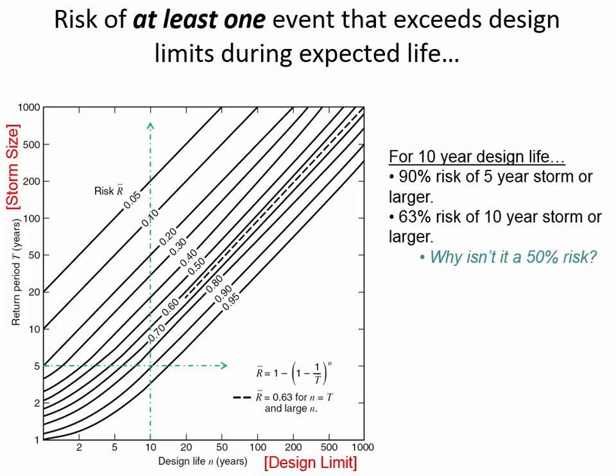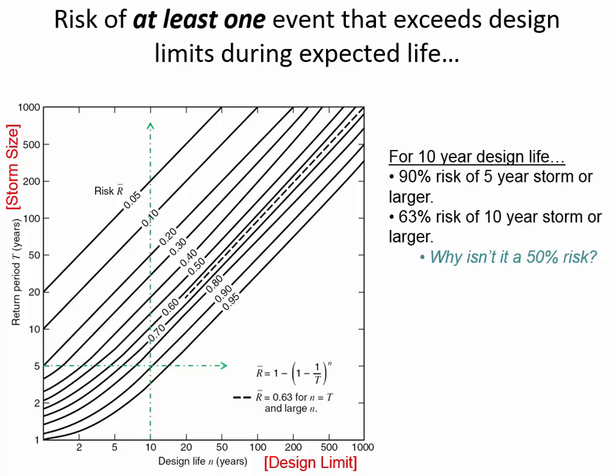And so if we go to a 10-year storm, so if we go up here to the 10-year storm, you'll notice, let's see, we go over and up, there is about 63% risk of a 10-year storm or larger. So you would maybe think that there'd only be a 50% risk of a 10-year storm happening in 10 years.